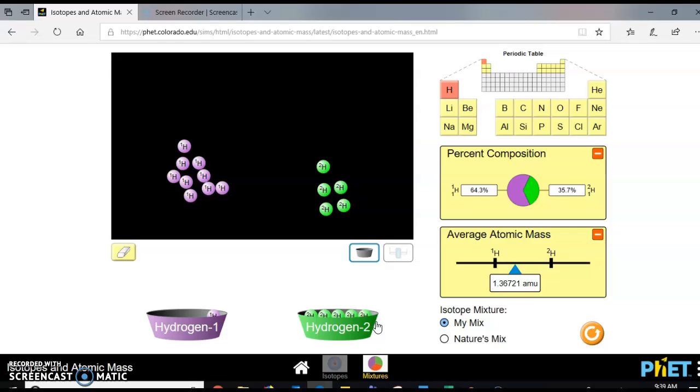It's going to tell you how many of each atom to put in there, and then you record percent composition, average atomic mass. You're going to get to a point in the chart where there's more. They're, for instance, asking you to put in 50 purples and 50 green or 100 green. So once you get past the amount that are available in the bucket, you could switch over to the toggle view here.